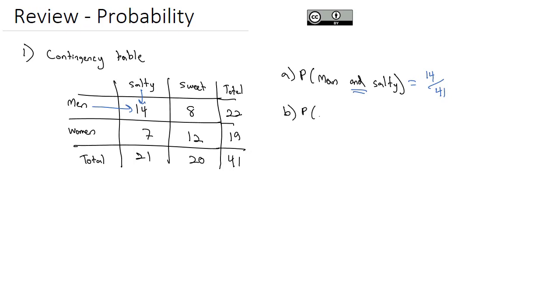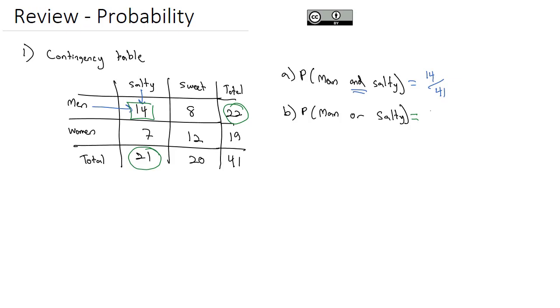But if I changed it slightly and asked what's the probability a random person was a man or preferred salty snacks, "or" now says that we're going to take all of the salty fans and all of the men and put them together in one bucket. The challenge is 14 people have been counted in both groups. So we're going to have to subtract out the 14 because it got double counted.